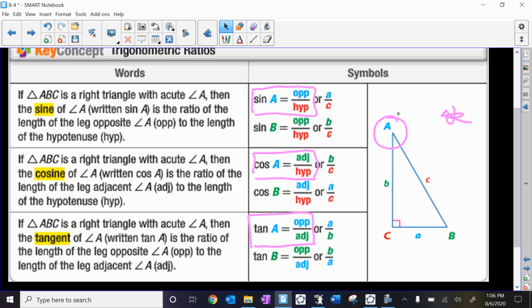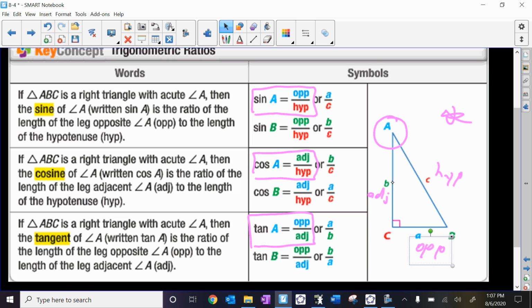The hypotenuse, I'll start there, we know is always the longest side length across from the right angle. So C in this case is going to be considered the hypotenuse. The opposite side, opposite means farthest away. So this side length down here would be considered opposite. And adjacent means the side length right next to, but not the hypotenuse.